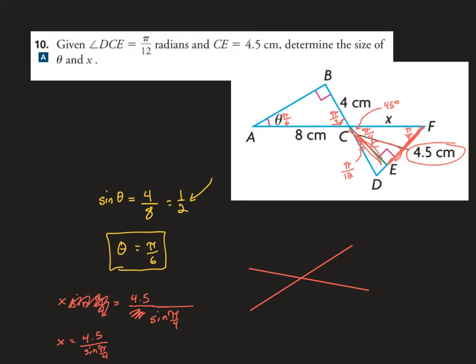So x is equal to 4.5 times the square root of 2, which is approximately 6.364. So that's your answer. 6.364 centimeters is approximately x, and theta is exactly pi by 6. If you want an exact answer for x, it's exactly 4.5 times the root of 2.